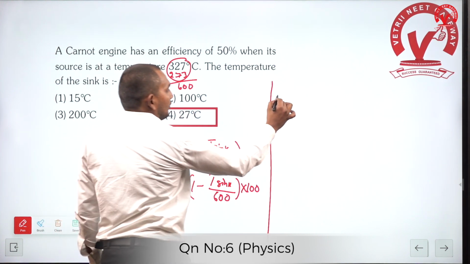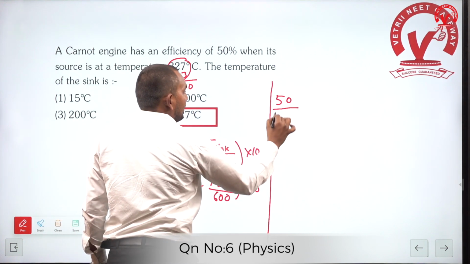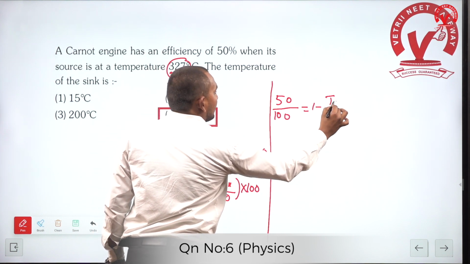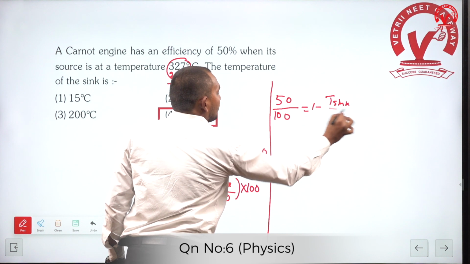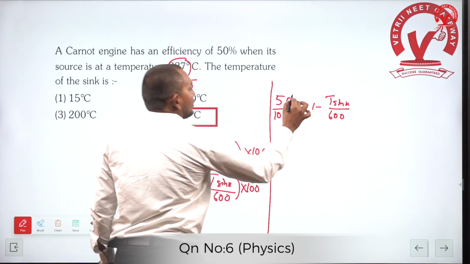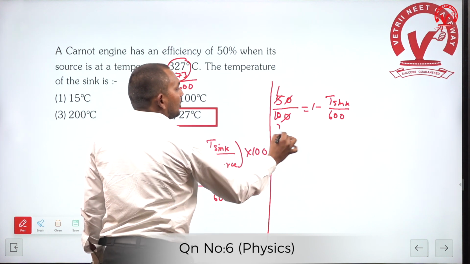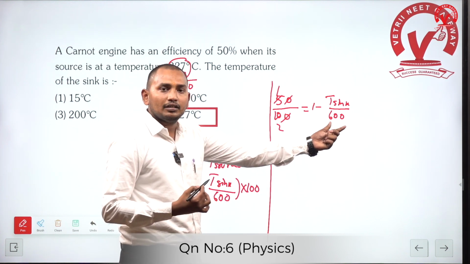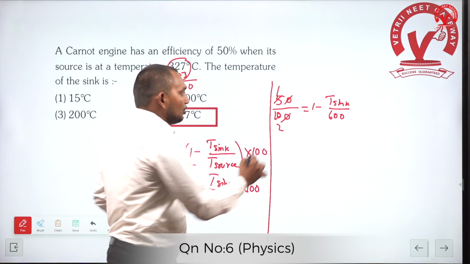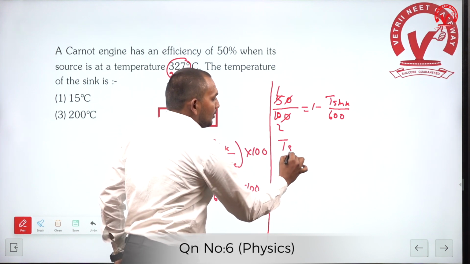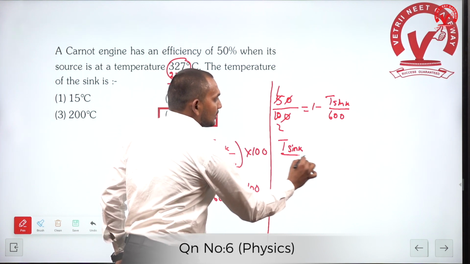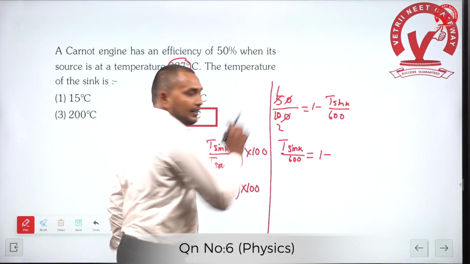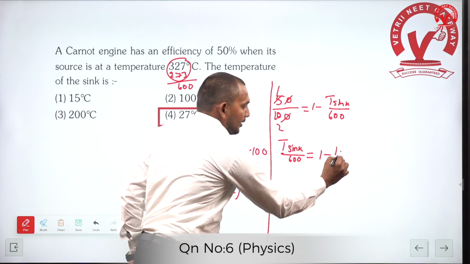Then 50 divided by 100 is equal to 1 minus T sink divided by 600. Take the T sink divided by 600 term to this side, then it becomes plus, and 1 minus half, take that side.